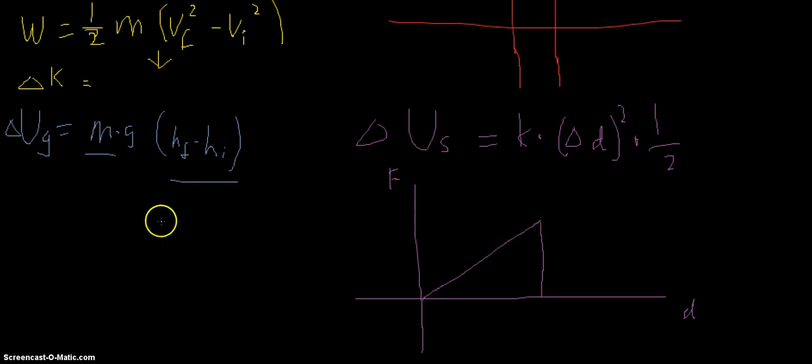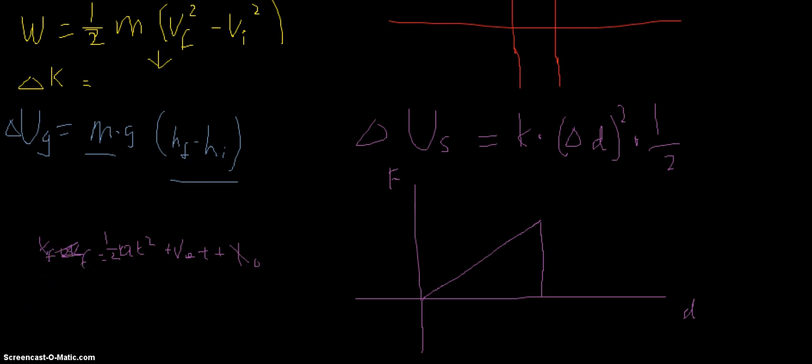Do you remember the ones that we did for W equals one half a t squared plus v_0 t plus x_0?